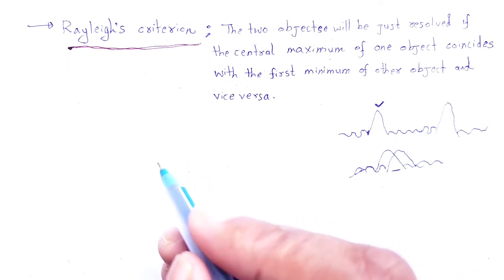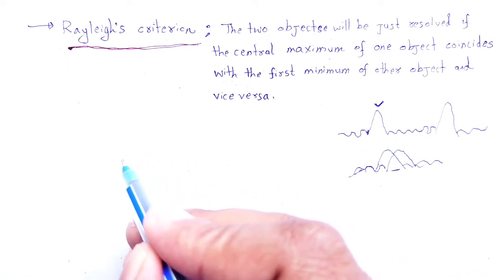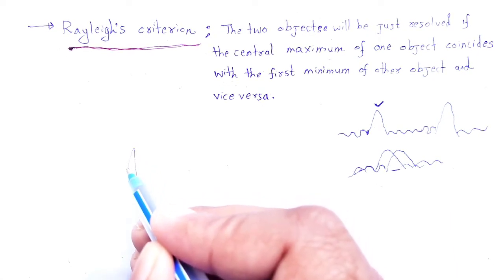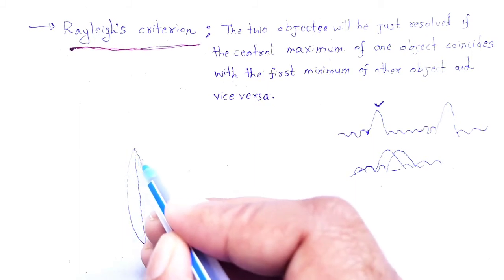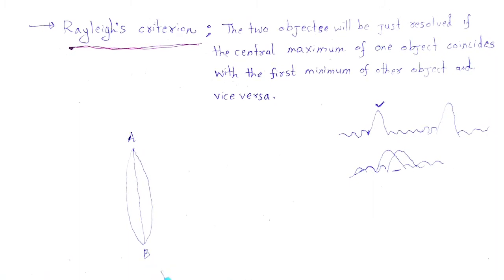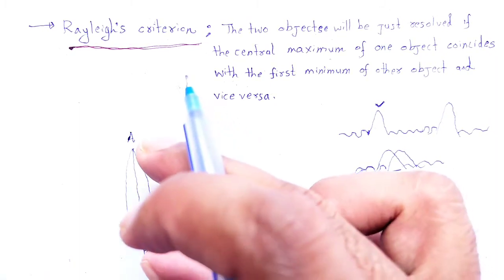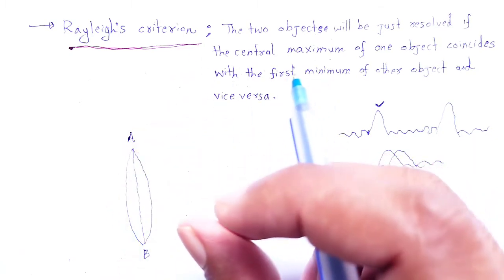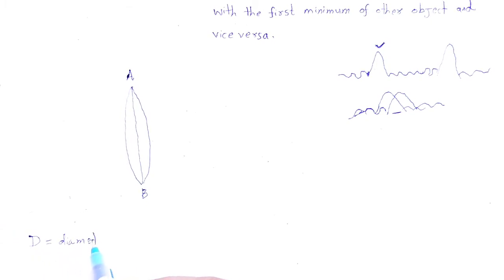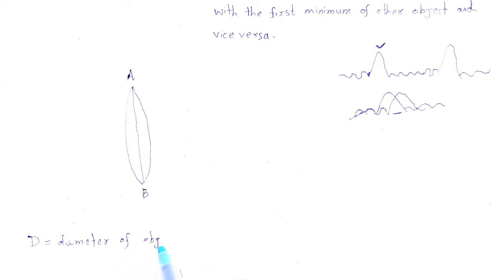Let me consider a telescope, the objective of the telescope AB, of diameter capital D. D be the diameter of the objective of the telescope.